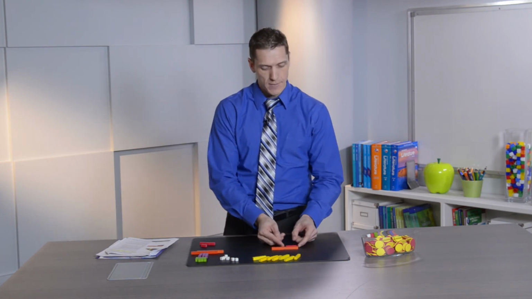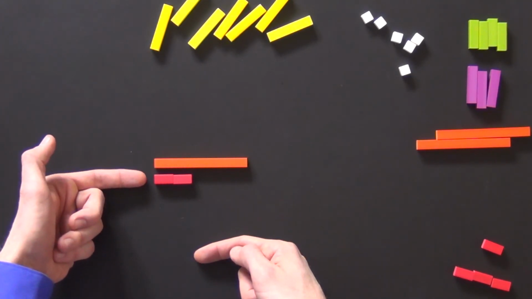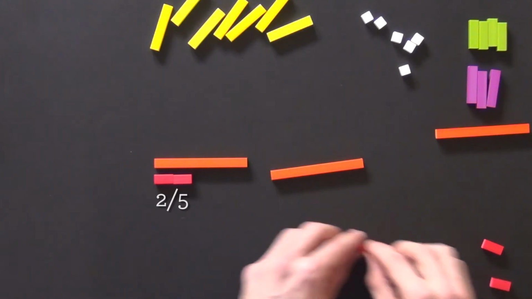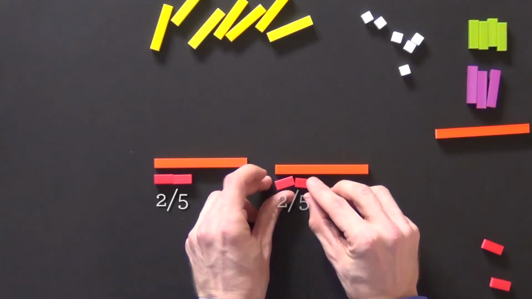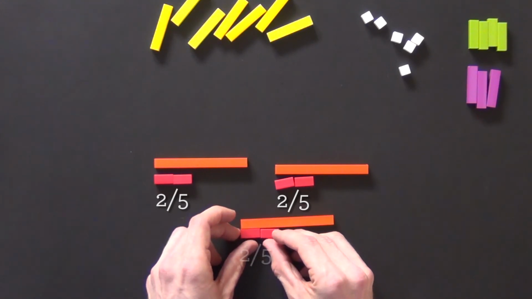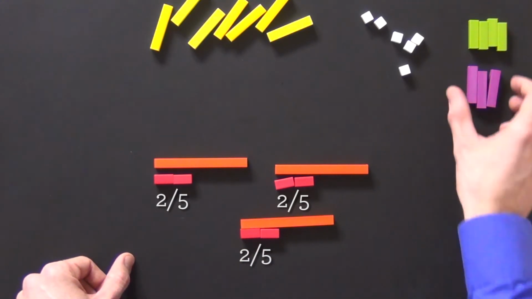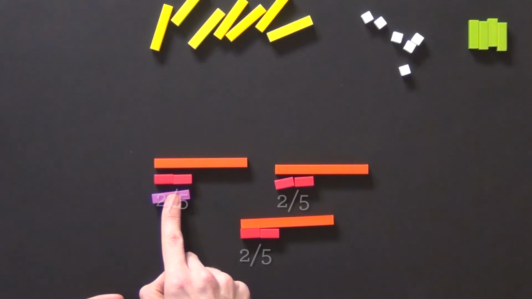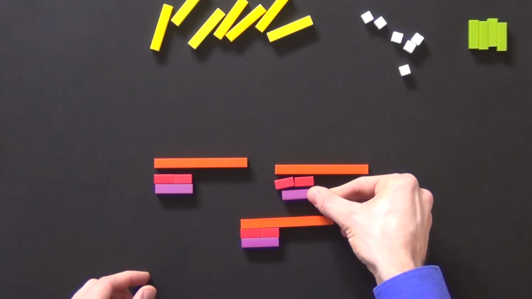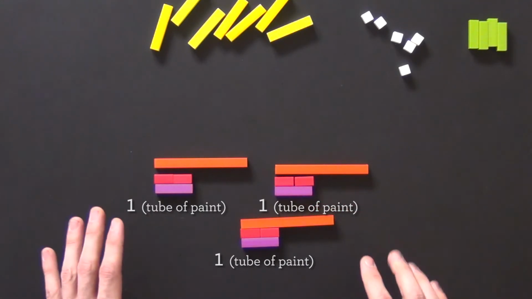Let me show that. These 2 reds here represent 2/5 of an ounce. These 2 reds here represent 2/5 of an ounce. And these 2 red rods here represent 2/5 of an ounce. I could actually line up the purple here to say each purple represents a tube of paint. So look at this carefully.